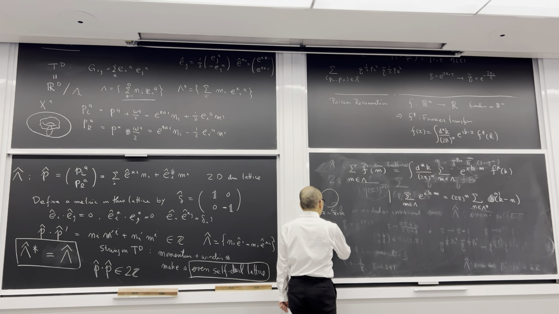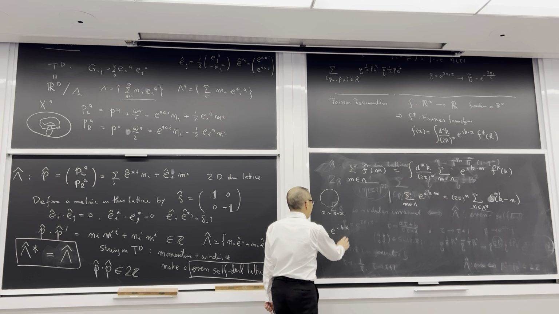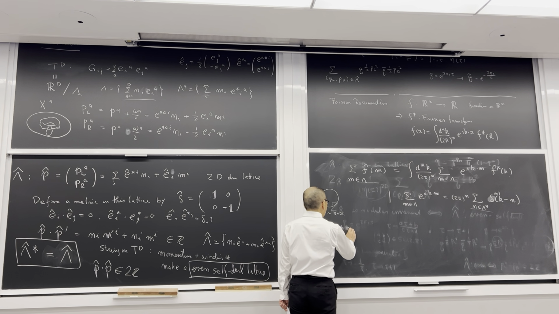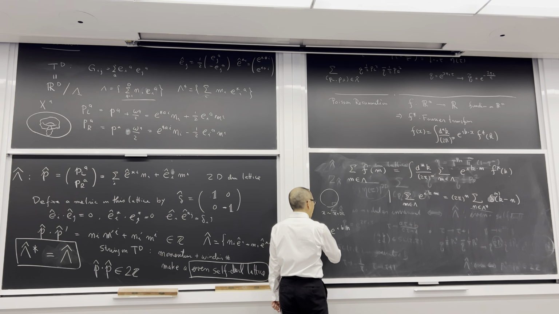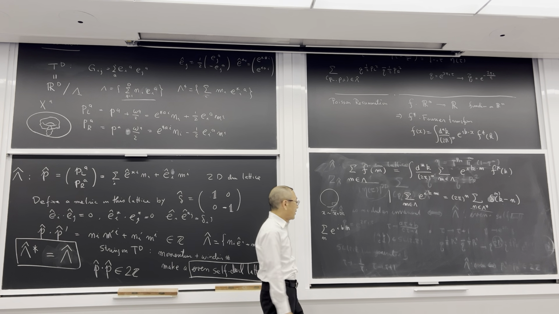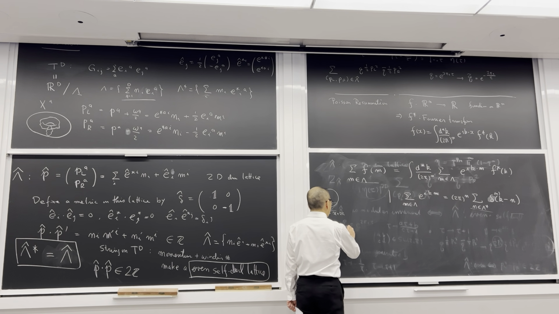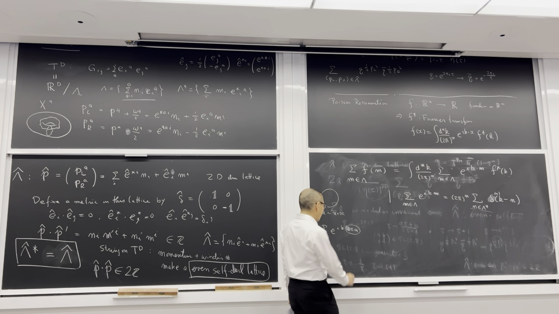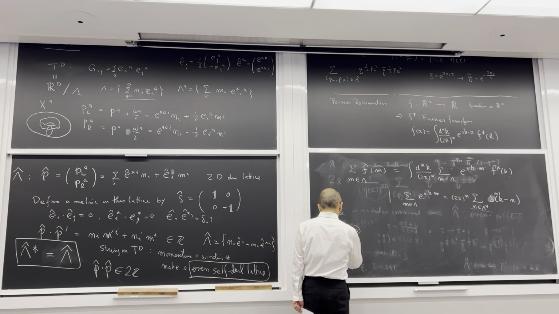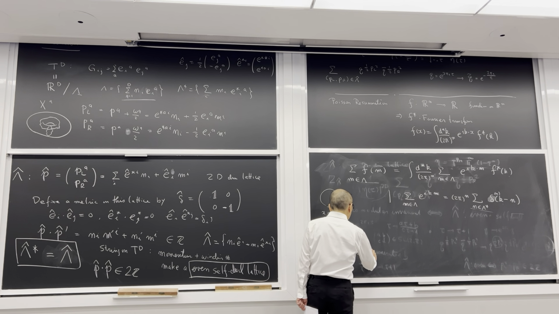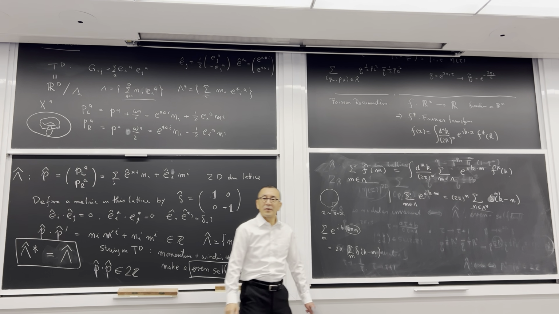Then you have a Fourier transform like this. Now if you sum this over integers, the 2 pi n you can think of as a lattice point, so this is equal to 2 pi times the summation of delta of k minus n.